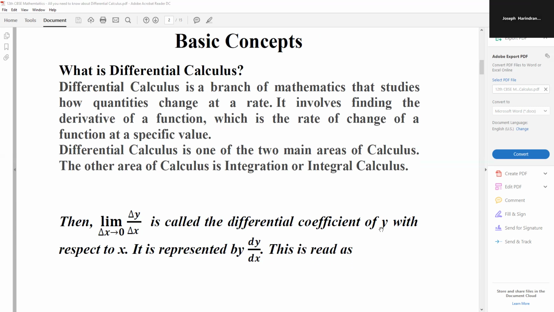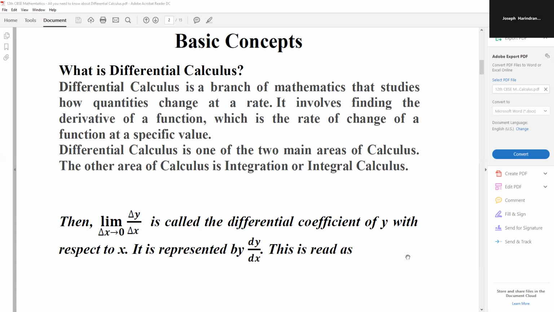In differential calculus, we call limit delta y by delta x the differential coefficient, or simply the derivative. The differential coefficient of y with respect to x.